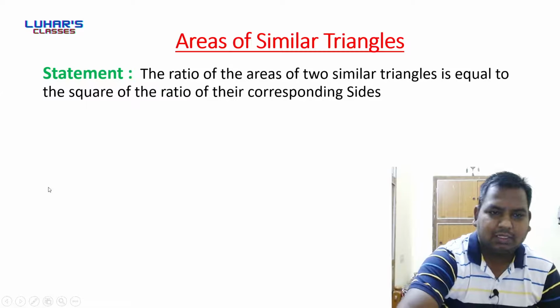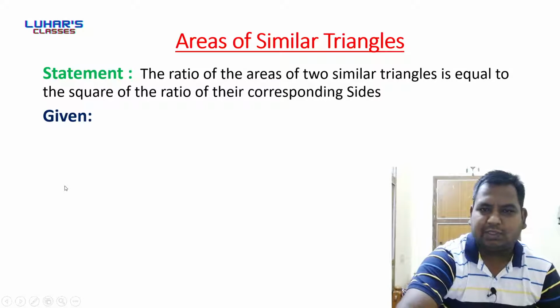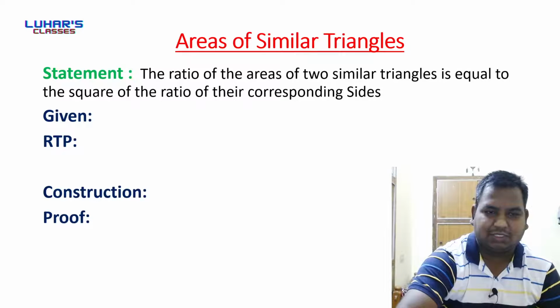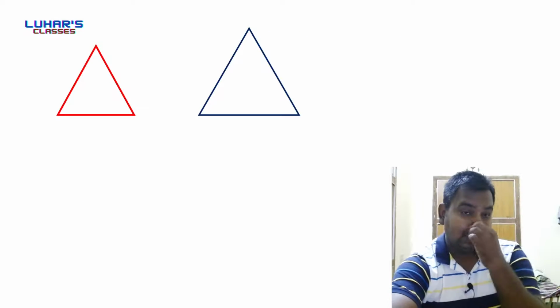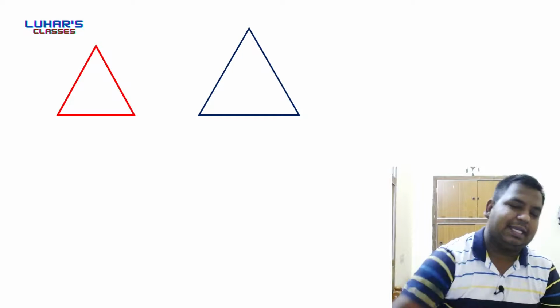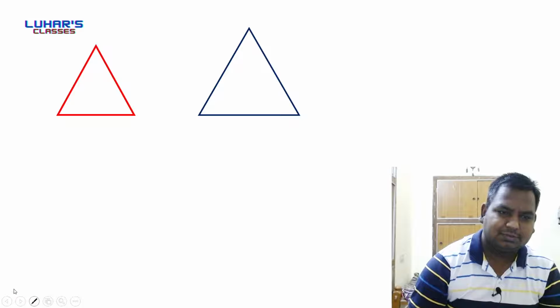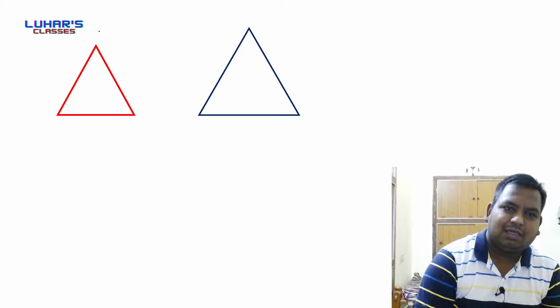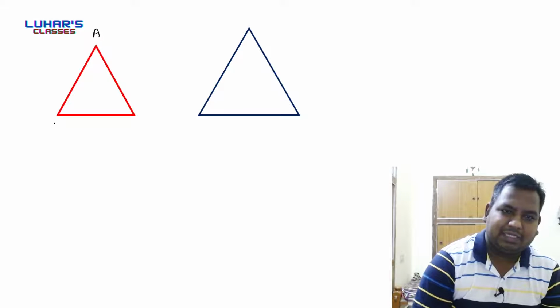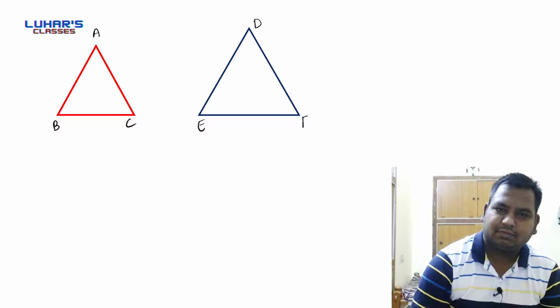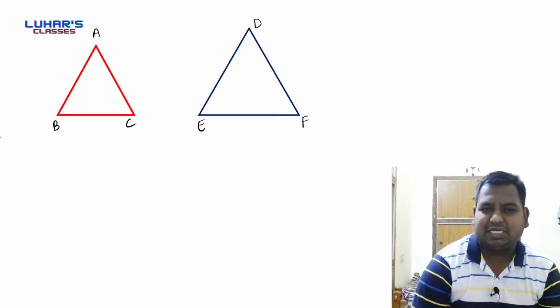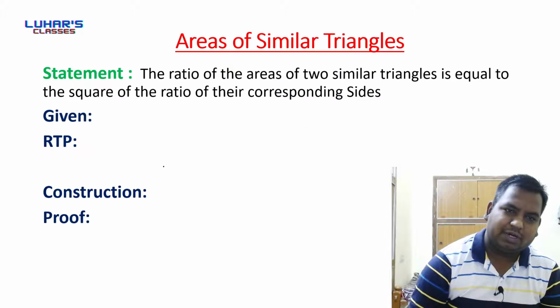Okay, so first to write given, required to prove, construction, and proof, we need triangles. So here are our triangles. We have triangle ABC and triangle DEF. So what is given here?